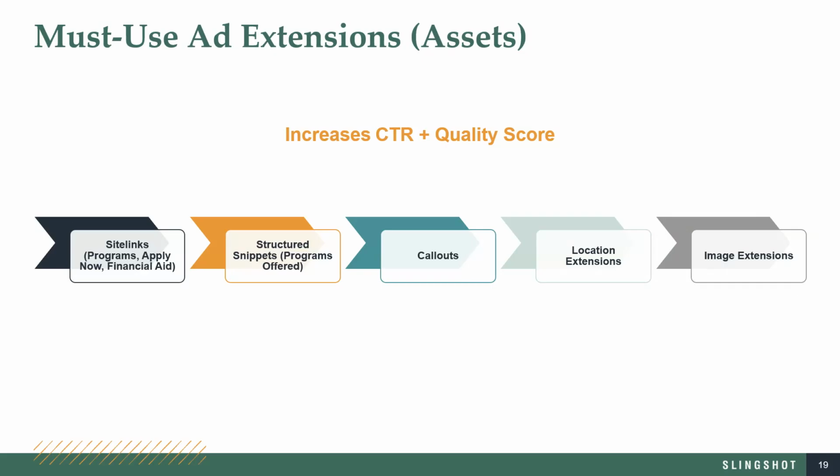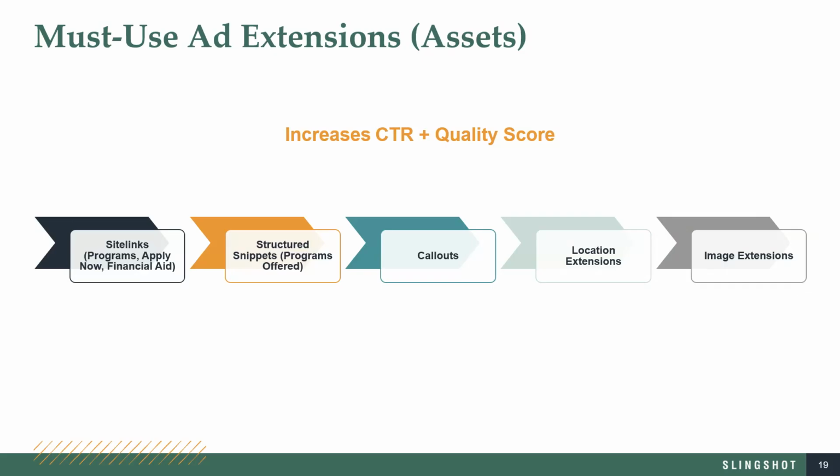Call outs are more like single word terms that really don't have a purpose. They just take up space, but Google really likes it when you have them. So that's the biggest note on that. They're not clickable. The location extensions, those are clickable, which I'm sure everybody's seen, where the little address shows up and you can click, and it gives you the option to get more detailed information about the location, get directions, or call.